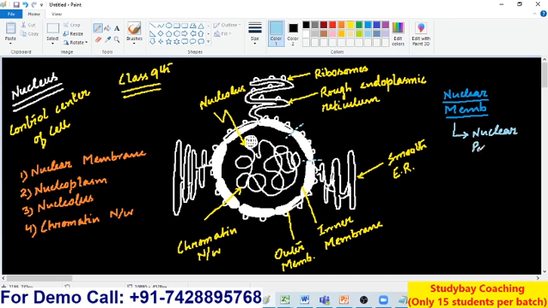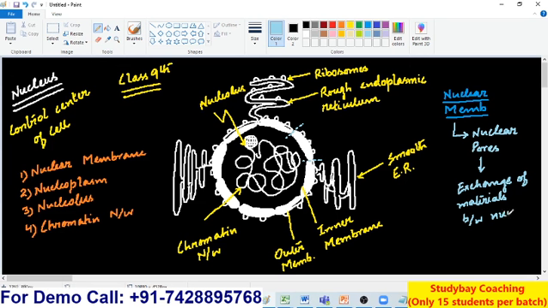Now, what is the objective of these nuclear pores? These nuclear pores allow exchange of materials between nucleus and cytoplasm.